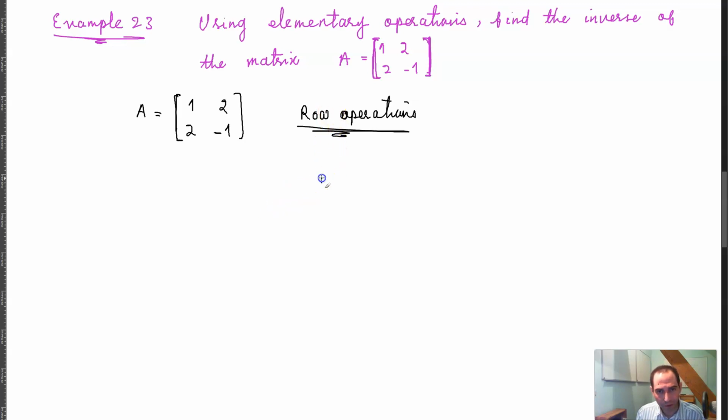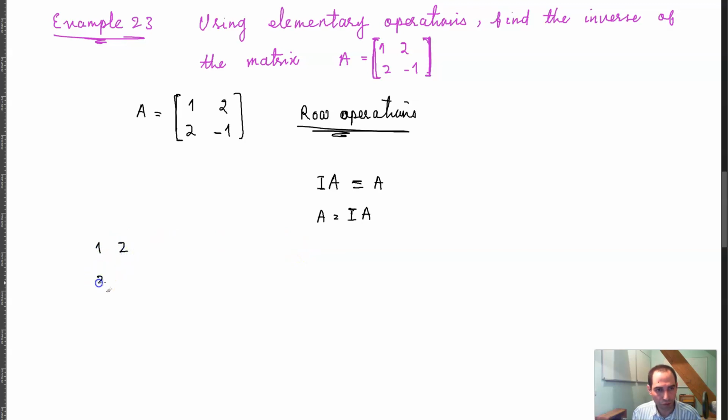So the matrix on the left, I write it as I, and I want to do all of the operations on the matrix I, and then I multiply this I by A, and that gives me A again. So I can write this as A is equal to I times A. I've just taken this to the other side. And therefore, my A is basically 1, 2, 2, negative 1.